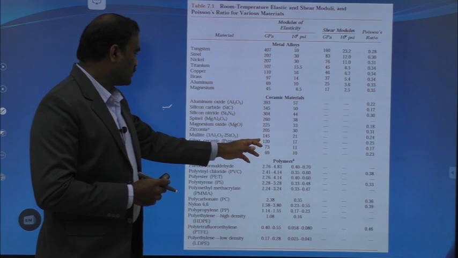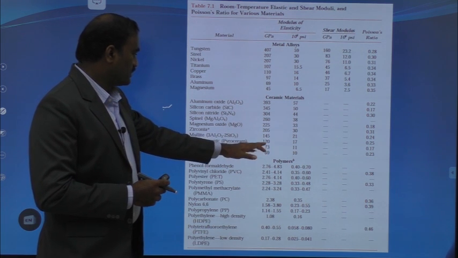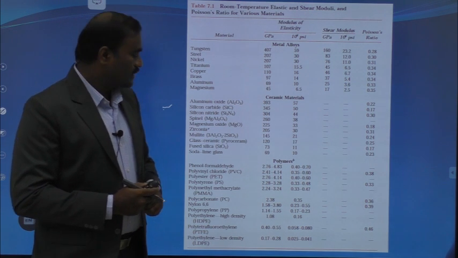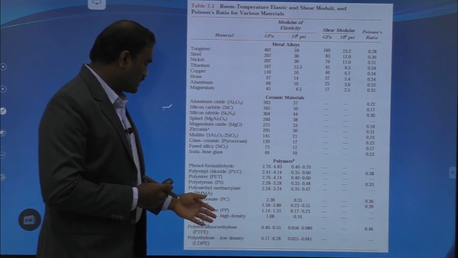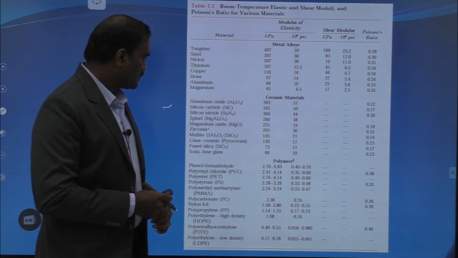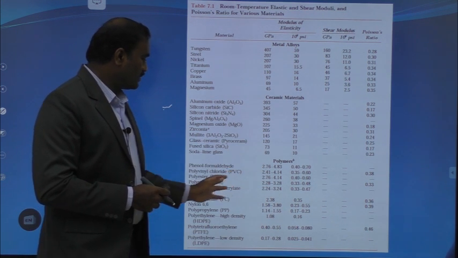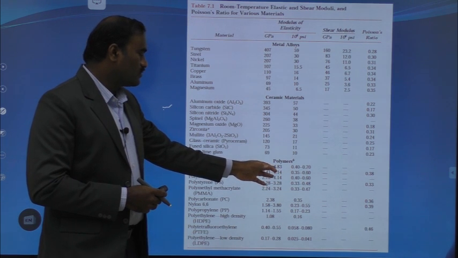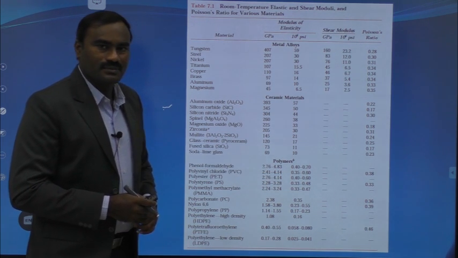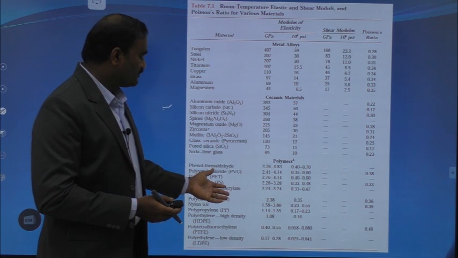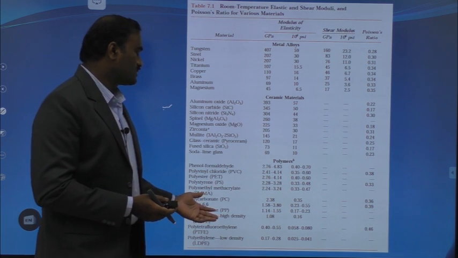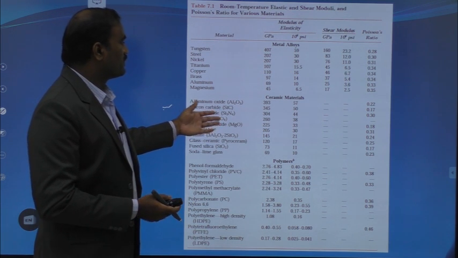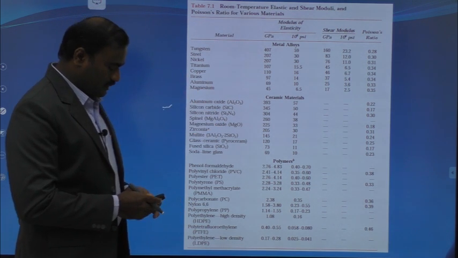Mullite has 145. Except these three, all of them have very high Young's modulus. Whereas if you see polymers, we don't have a particular value. It ranges from 2.76 to 4.83, because we cannot measure Young's modulus as we measure it for ceramics and metal alloys.